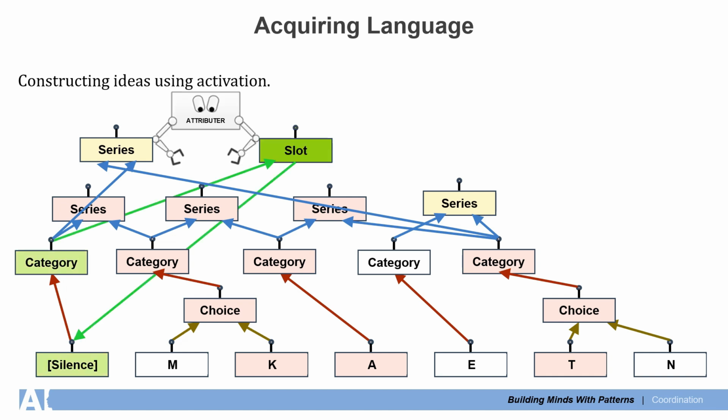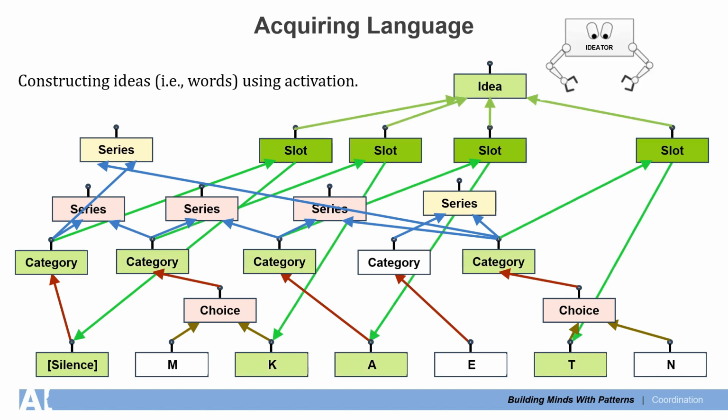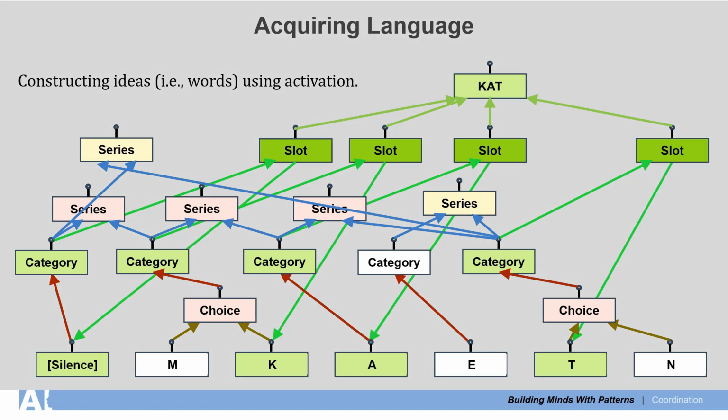The attributor groups categories and category elements into slots. And ideas are words. Here, we've constructed the word cat using activation.